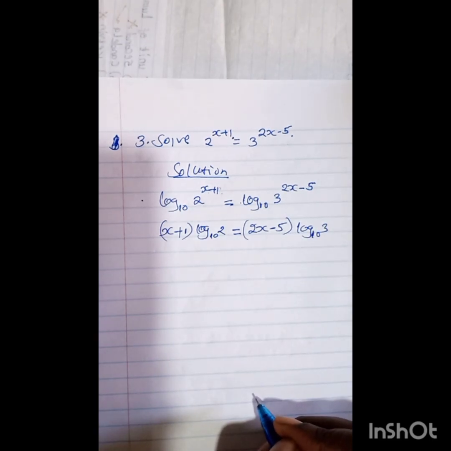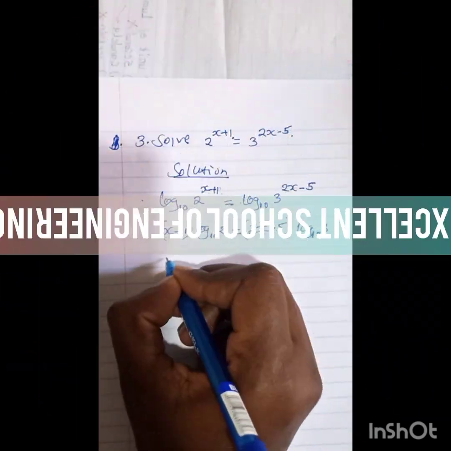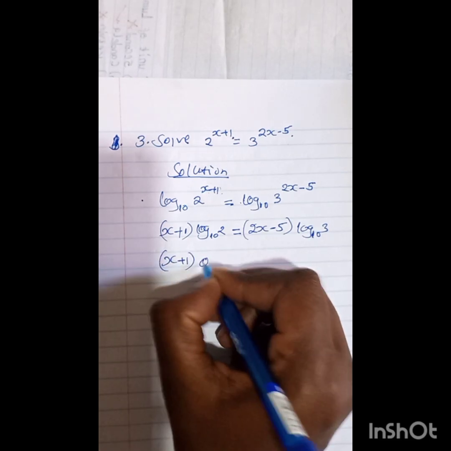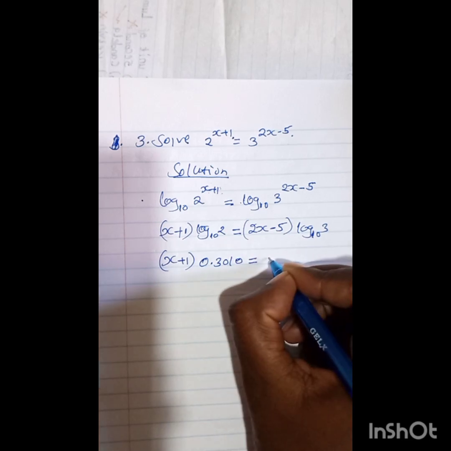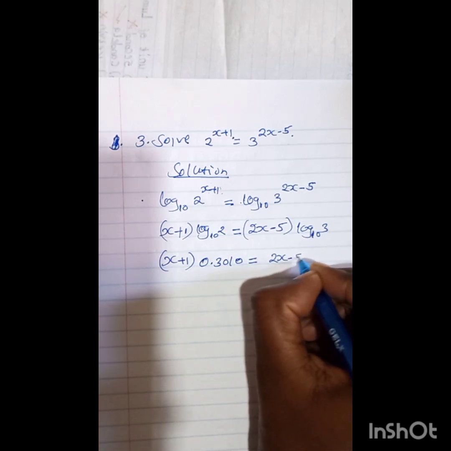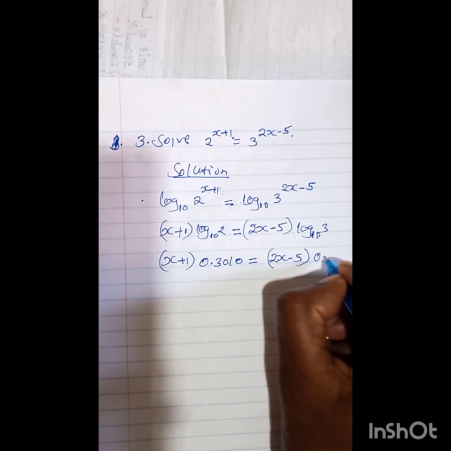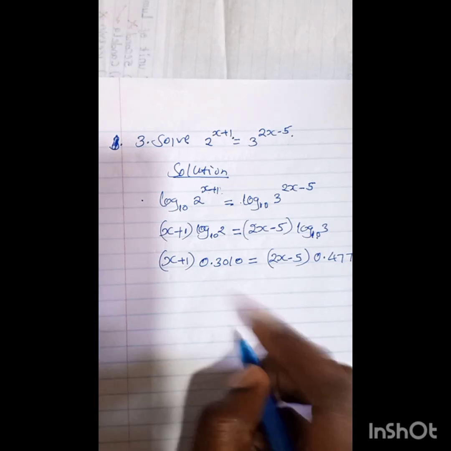And then from there, when you find logarithm of 2, you will have x plus 1, then log 2 is 0.3010 is equals to 2x minus 5, and then logarithm of 3 is 0.4771.